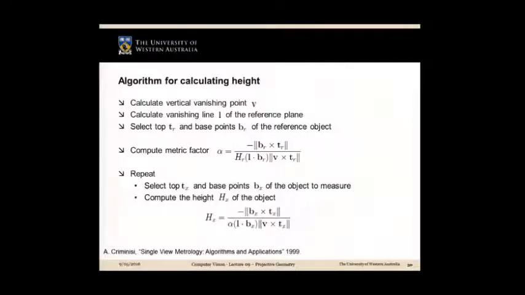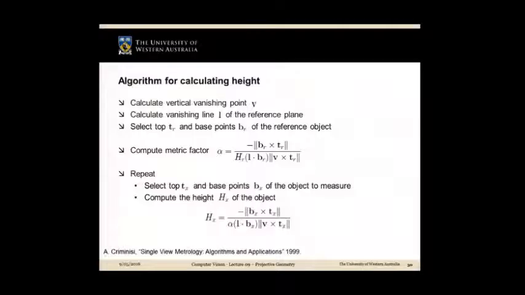Now, as he worked on this topic, he came up with a very stable algorithm, and I shall briefly discuss it here. He says that we calculate the vertical vanishing point V, then calculate the vanishing line of the reference plane. The next step is you select the top reference point and the base reference point of the reference object, right? And compute a metric factor, alpha.